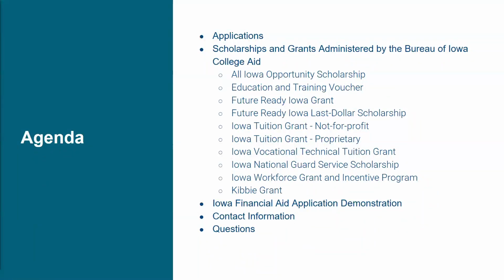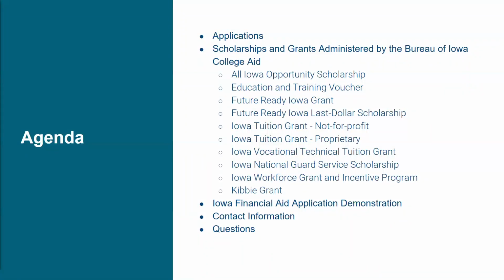Then we're going to go into each of those scholarship and grant programs just briefly to give you an idea of which ones you may or may not meet the eligibility criteria for. I am going to do a live demonstration of the Iowa financial aid application. And then after that, there will be a slide with all of our contact information in case you are more comfortable reaching out via email or phone number tomorrow instead of asking your question here on the webinar.